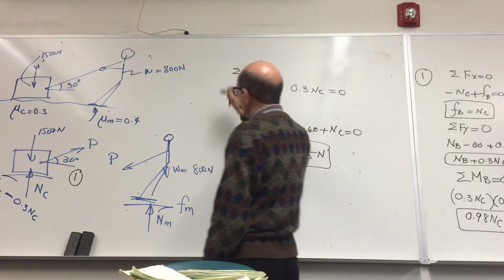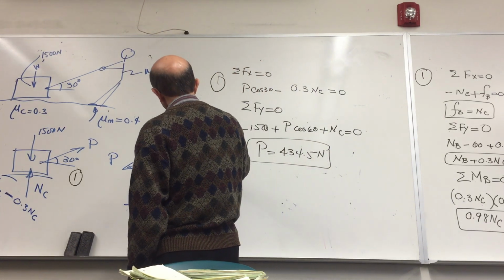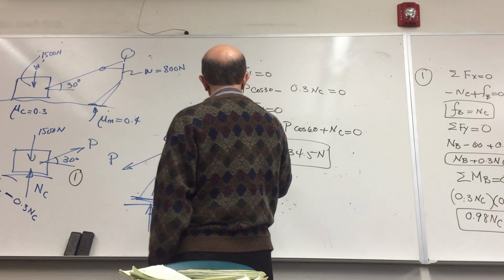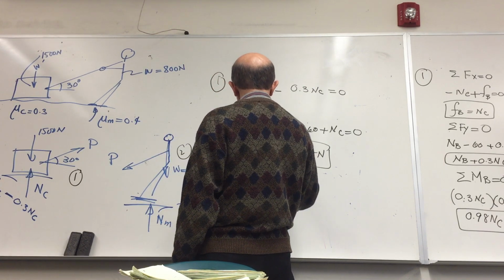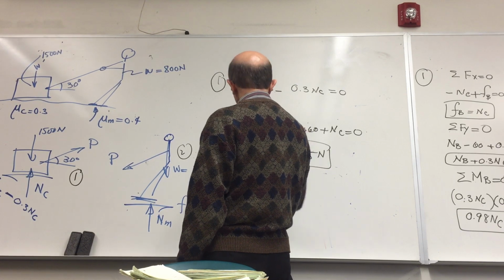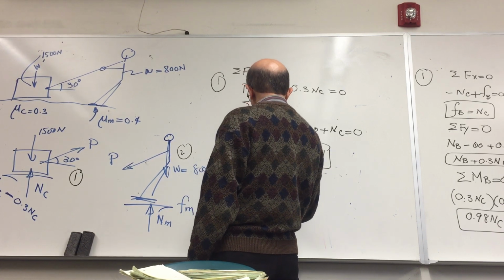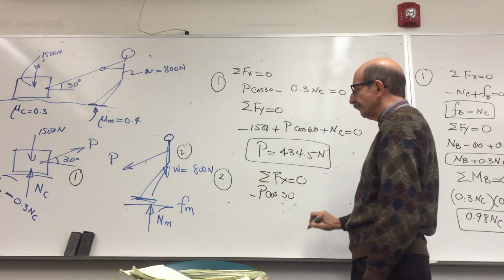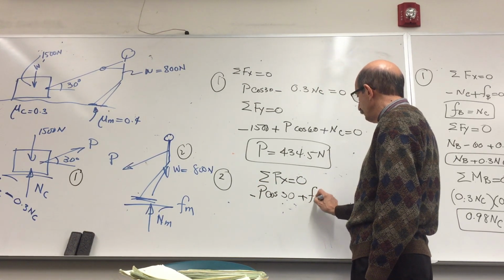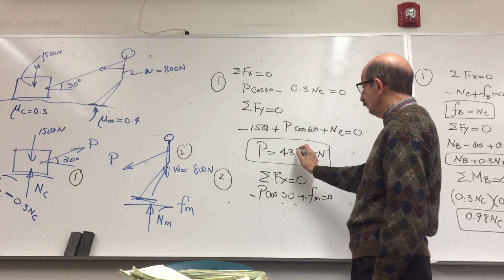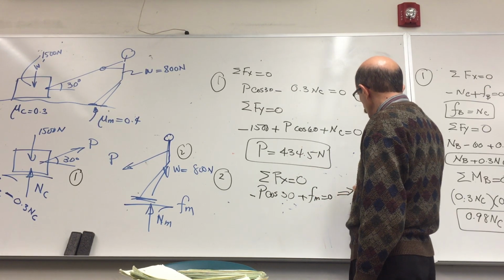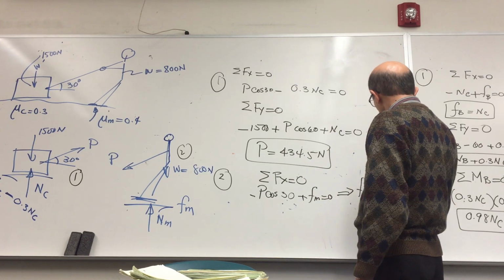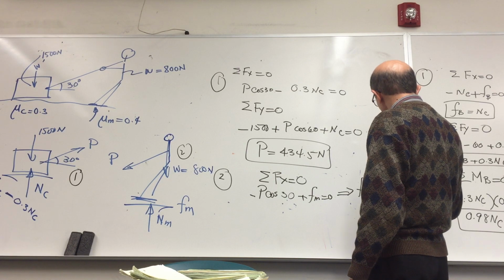So you go to free body diagram 2. In free body diagram 2, you write summation of forces along x is equal to 0. So you have negative P cosine of 30 degrees plus f of m is equal to 0. Substitute for P, you will get f of m, which comes out as 376.3 Newton.